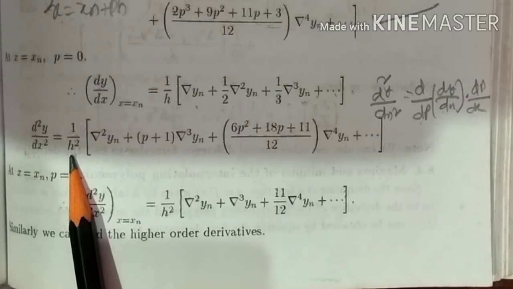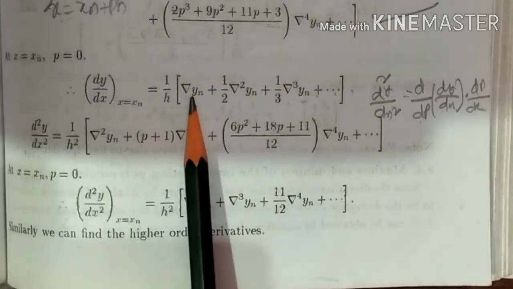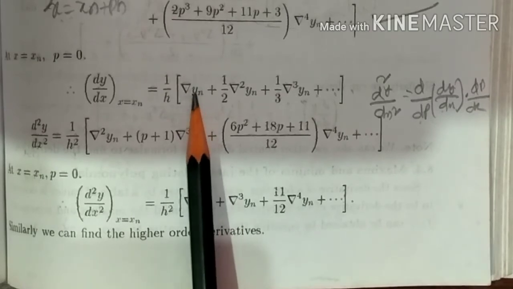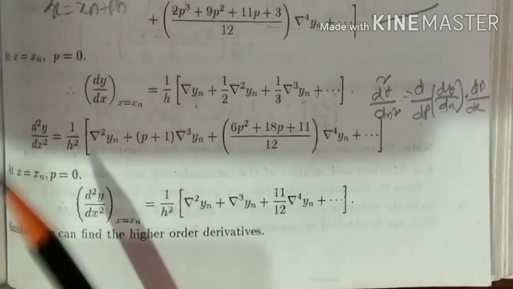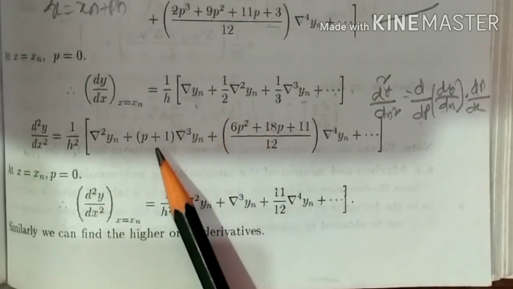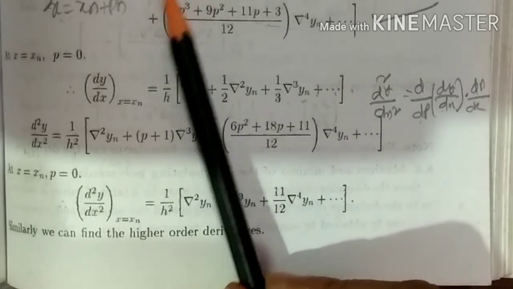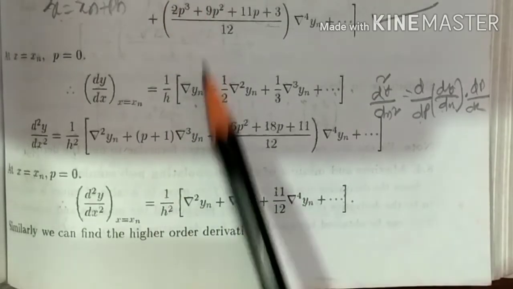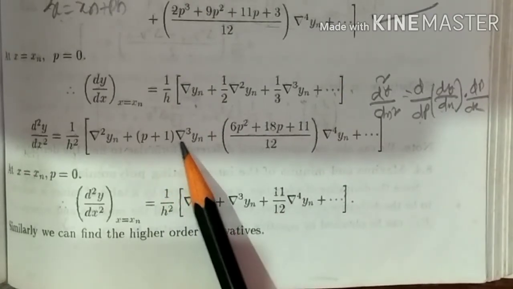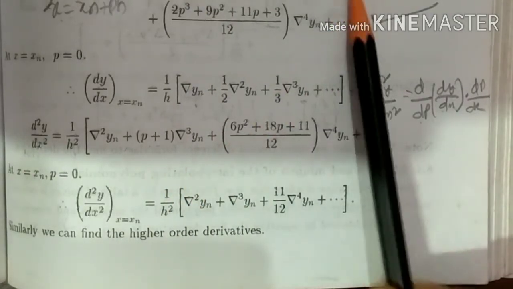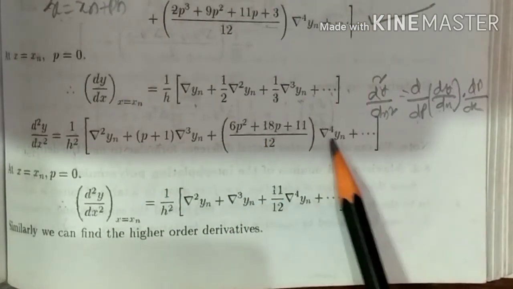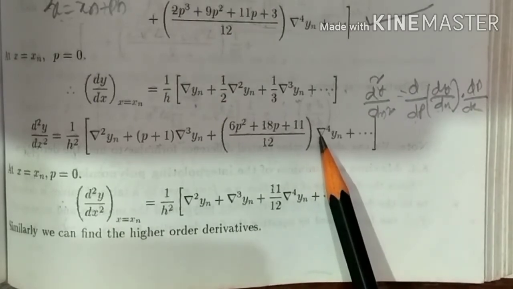Then these two multiplied give 1/h², and the first term becomes 0, this one becomes 0, and ∇²yn is the first term, times ∇²yn. Here you have to differentiate again, (p + 1)/2, that is your ∇³yn term. Similarly, you have to find the fourth order term here, and this is called the second order derivative.